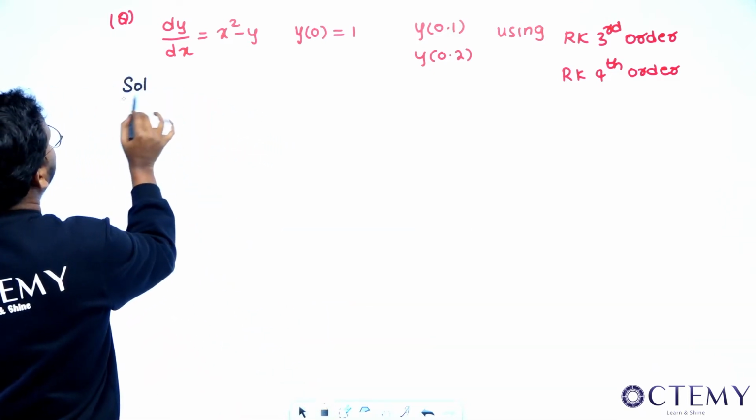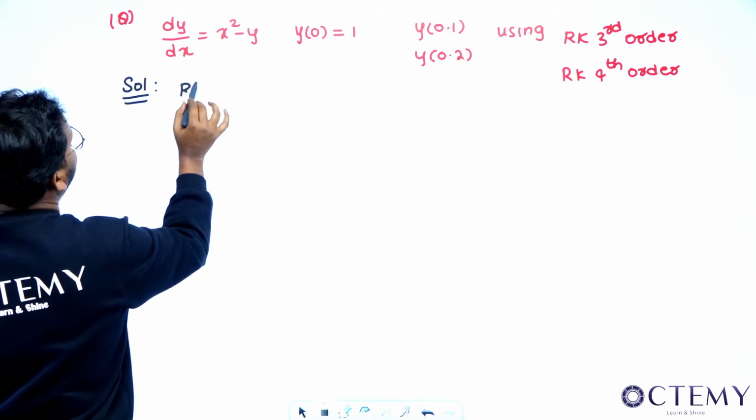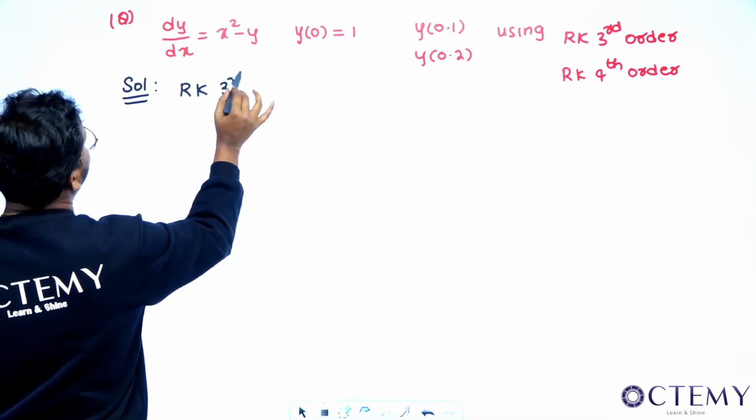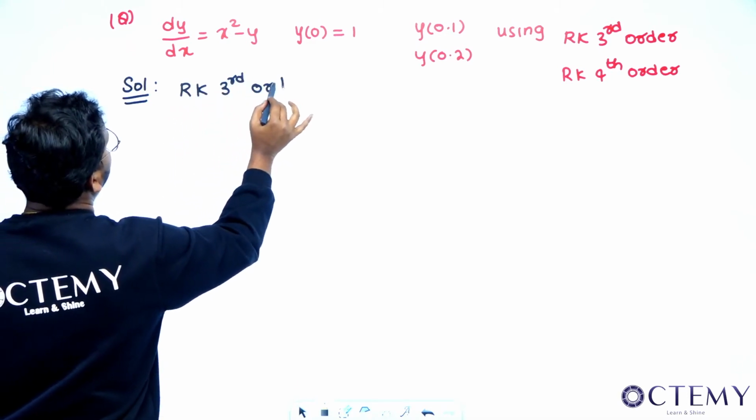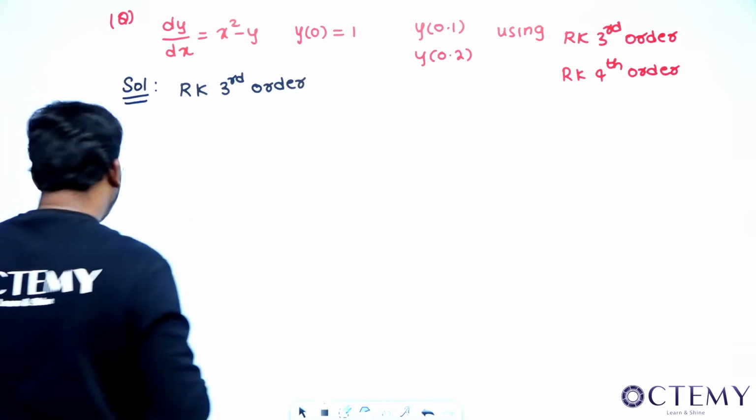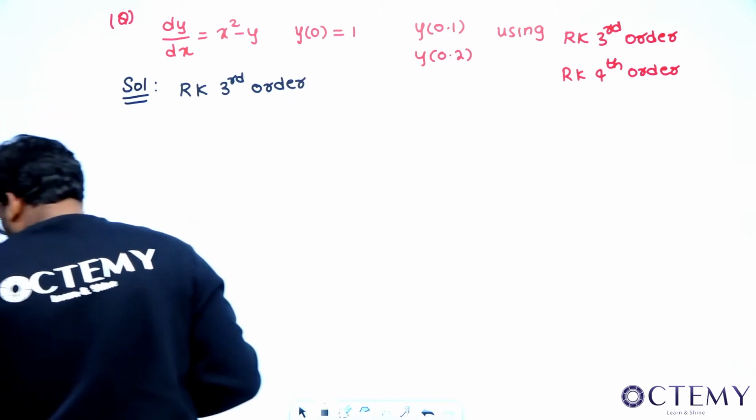So, solution. Let me first apply RK third order. Here the step size is also given: h is 0.1.